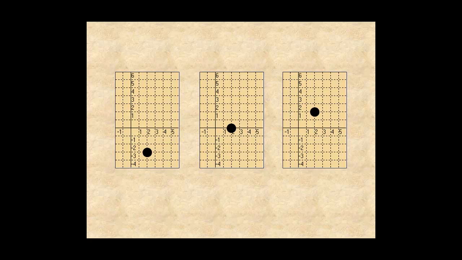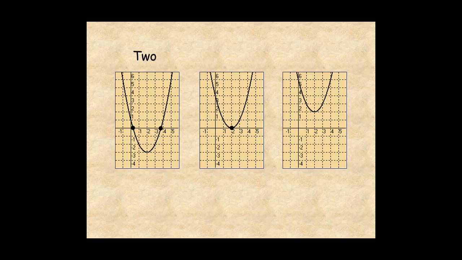So if the graph of the function opens upward, the function can have two x-intercepts, one x-intercept, or none. Therefore, since the intercepts and the solutions are the same, when you're solving a quadratic equation, you can expect to have two solutions, one solution, or none.